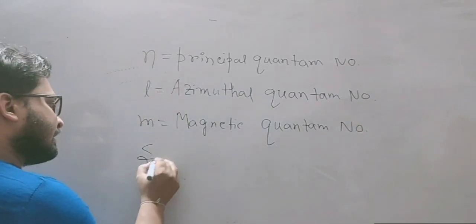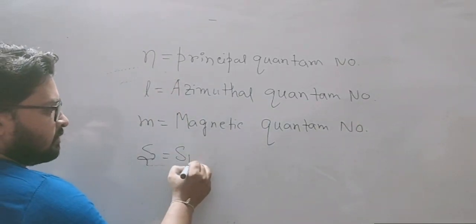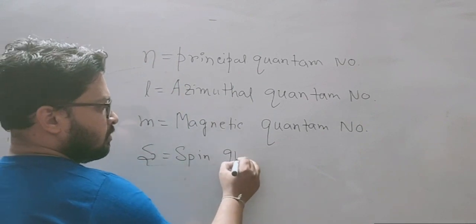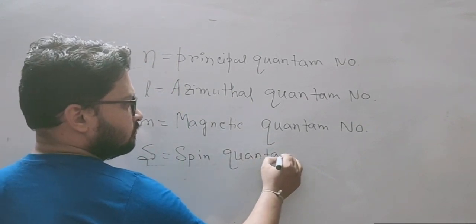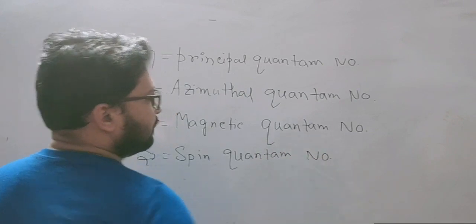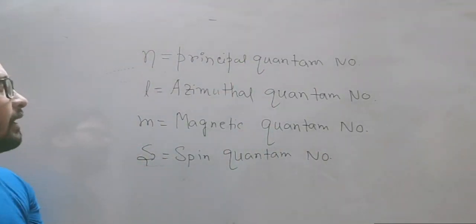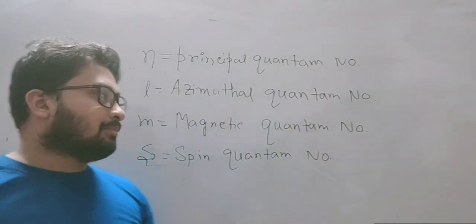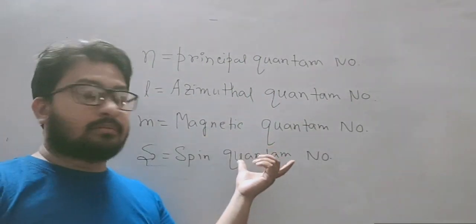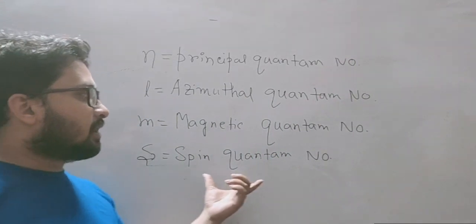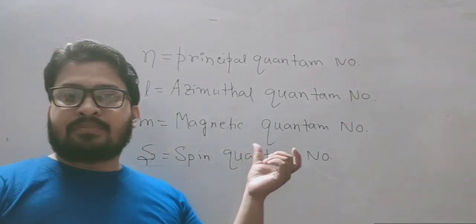And s means spin quantum number. So n means principal quantum number, l means azimuthal quantum number, m means magnetic quantum number, and s means spin quantum number.